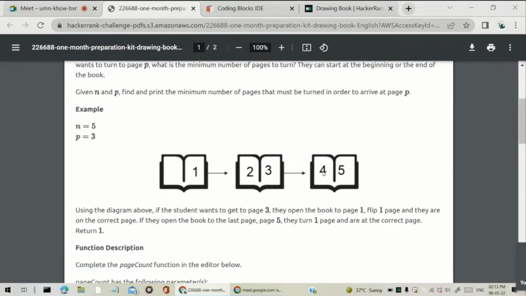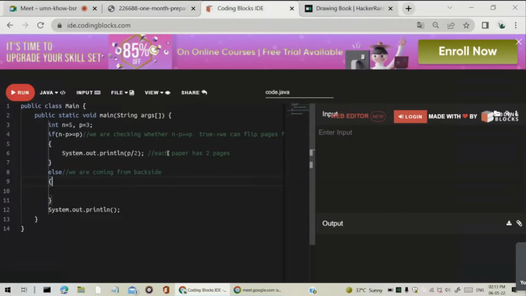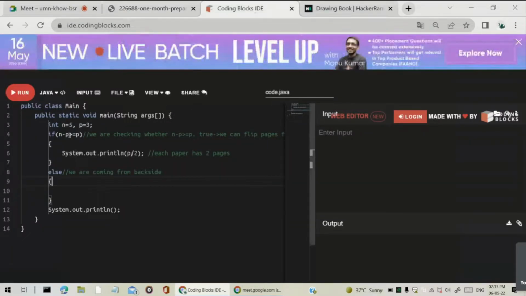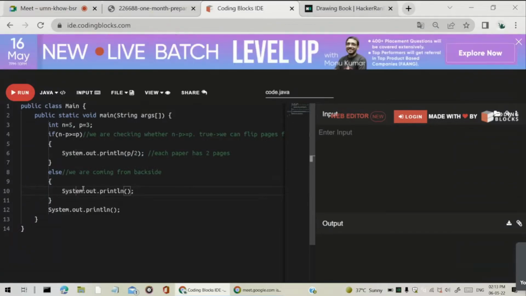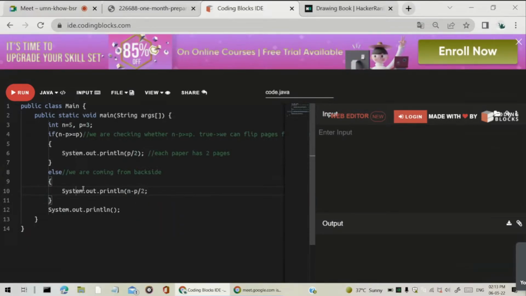So what will essentially happen is, we have n minus p, right? Here we were coming from the front, so now we have to come from the back. From the back means we have to print (n minus p) by 2, which is nothing but coming essentially from the back side.